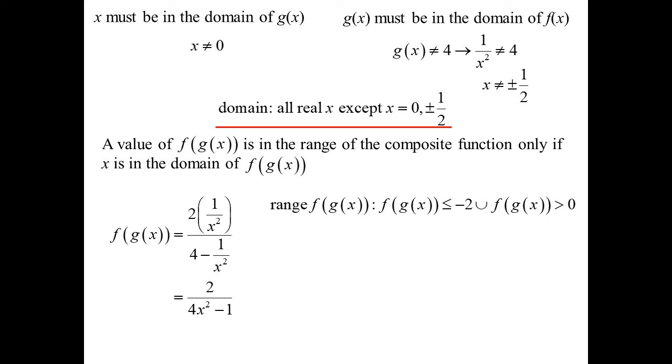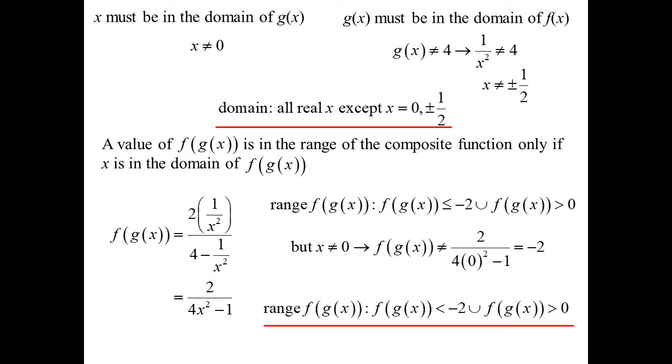That would be our range of that function. However, remember we said x can't equal 0 up here. Therefore I can't substitute 0 into this function. Therefore, I can't get the answer -2. So I have to modify my answer here, because originally I had less than or equal to, but actually no, it can't equal. So it'll just be less than -2 along with all the positive numbers as well.